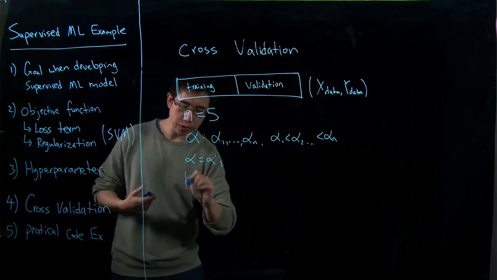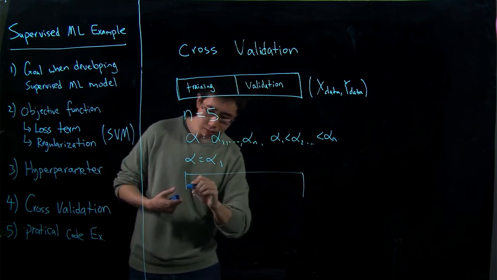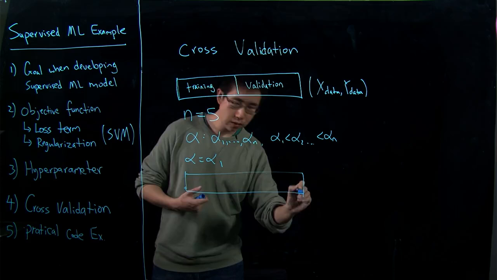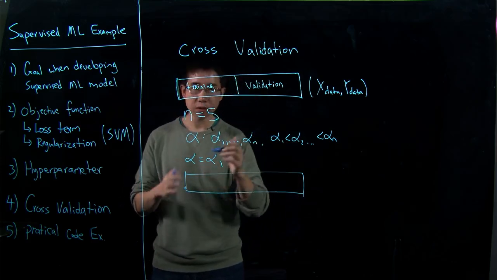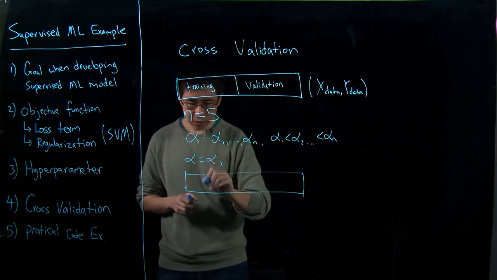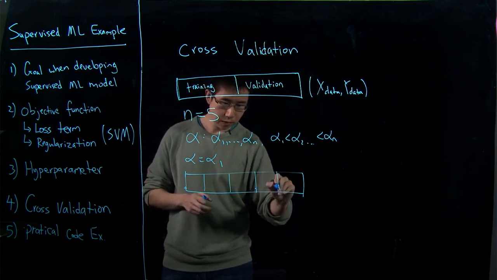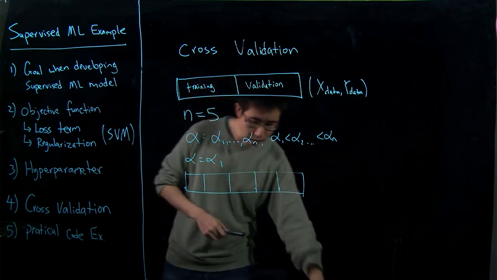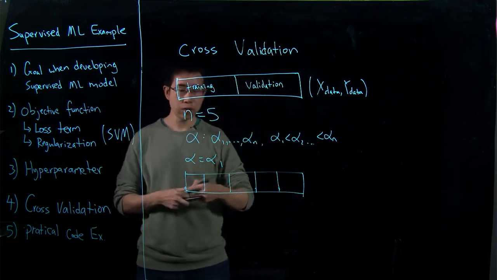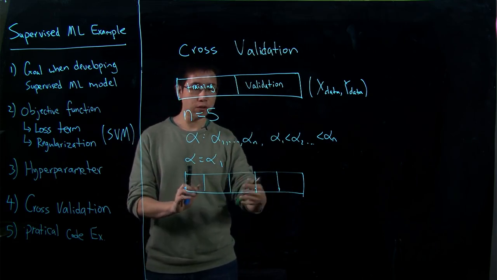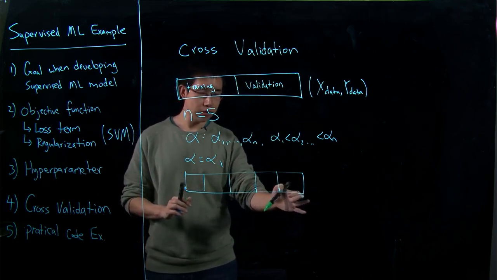And what we do is that we take our entire training data set. Here, because n is equal to 5, we segment it into 5 random samples. And then we iterate through different partitions of these 5 segments.